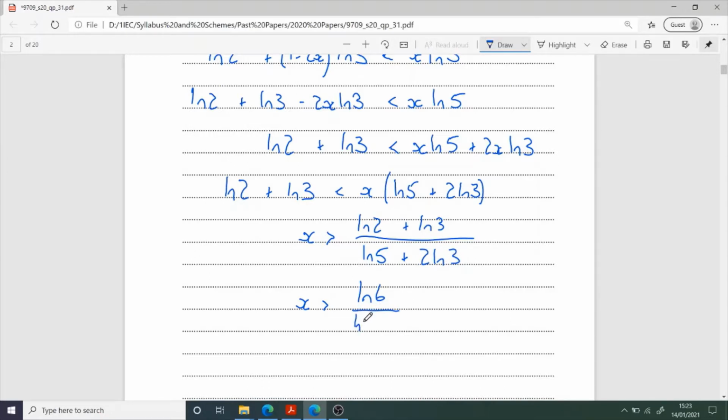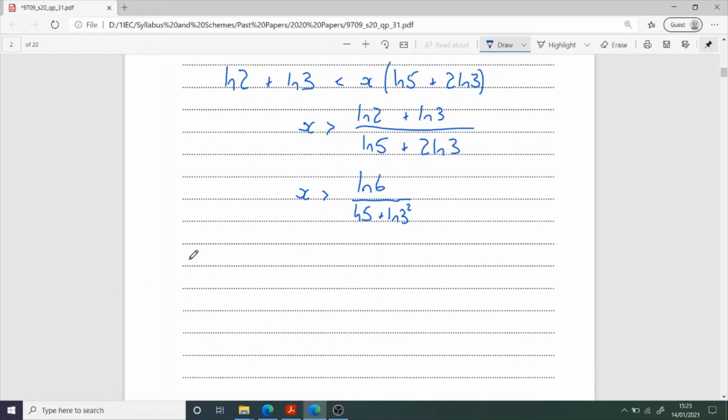So it will say ln5 plus ln3 squared. 3 squared is 9, so we get x is greater than ln6 over ln5 plus ln9, and then we are going to use exactly the same rule as in the numerator by multiplying these two. 5 times 9 is 45, so we get ln45. There we go, ln6 over ln45.